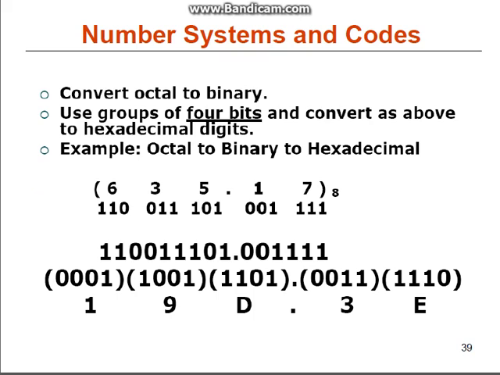Convert octal to binary. So like I said over here, this is the octal form, 635.17. Because it's base 8, if you want to change it to binary form, just now for binary and hexadecimal, it's 4 digits. So for octal, it's 3 digits. You can see that it's 3 bits, and so on.